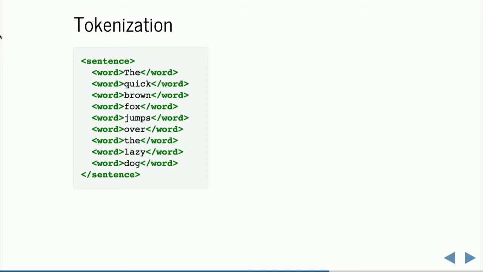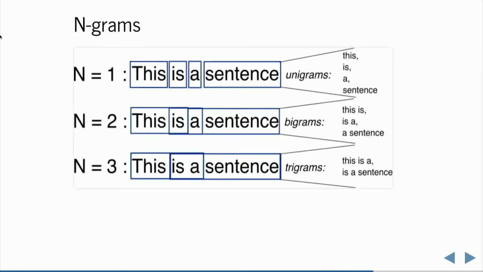Very often, or even most often, we're looking at tokenizing by words. But even after we do that, or sorry, n-grams, which again are sequences of words. So this sentence can be tokenized in 3 different ways. If we're just using unigrams, then each word is a token. If we're using bigrams, then this is a token, is a token, and a sentence is a token.